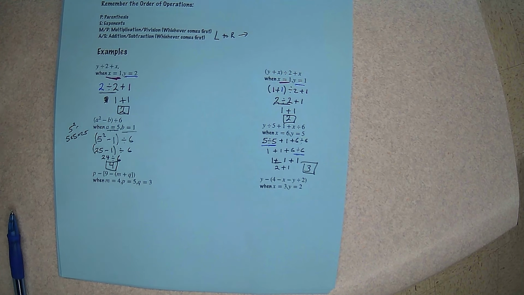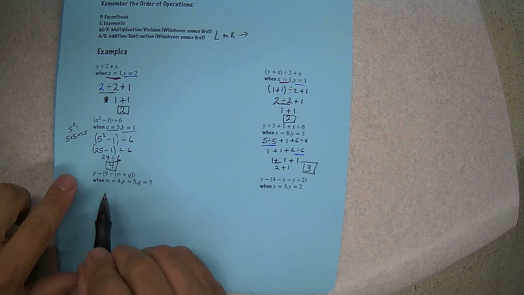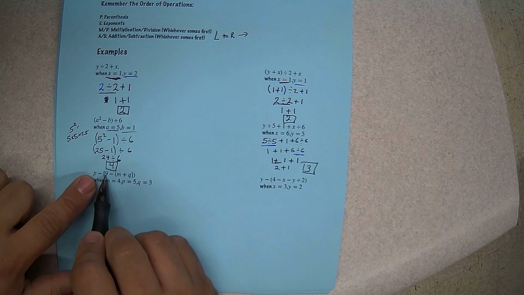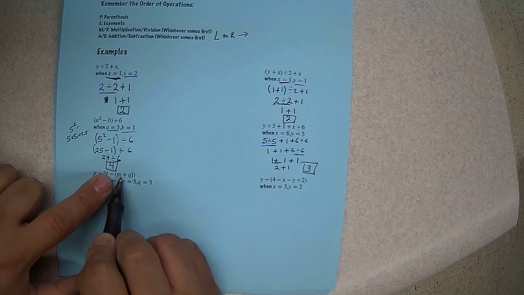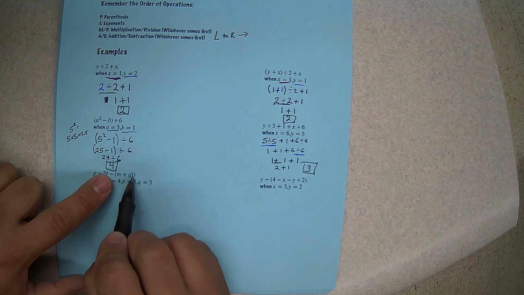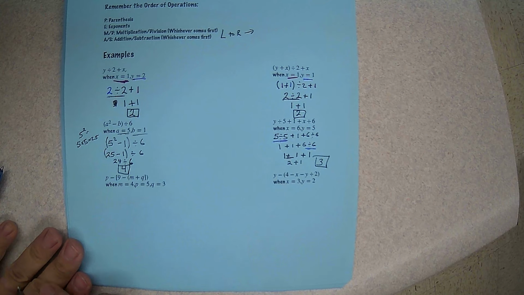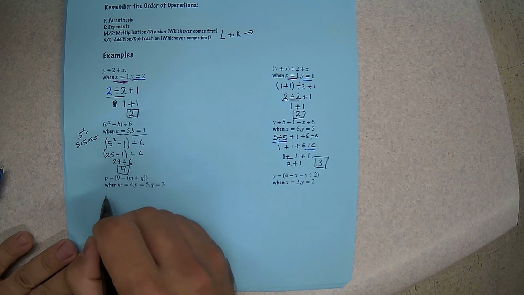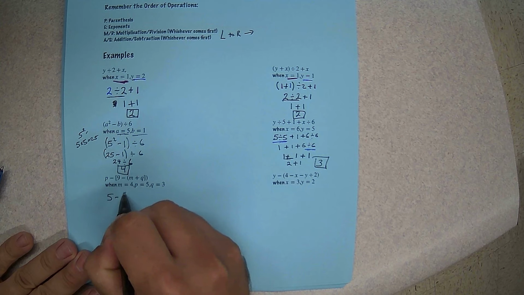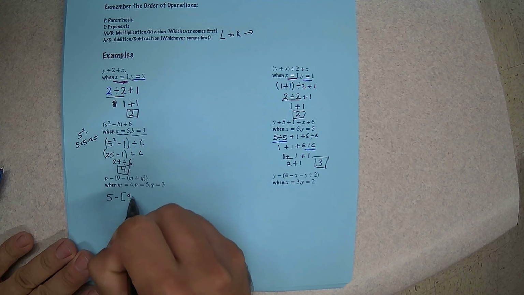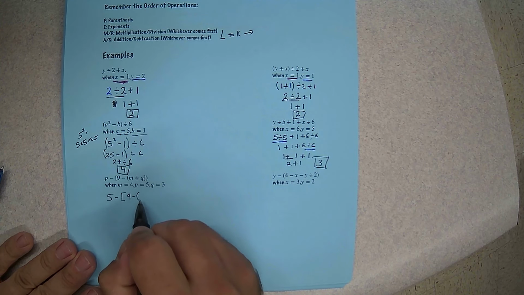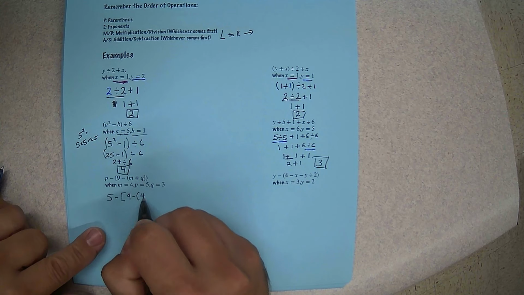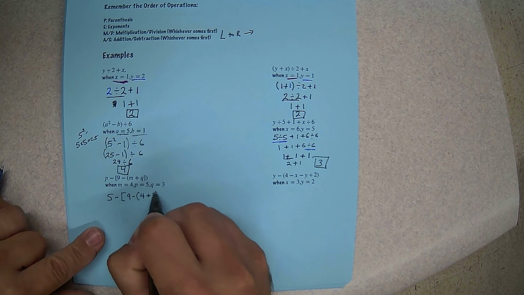Two more. Replace and then just order of operations. p minus, in brackets, 9 minus, in parentheses, m plus q, and all of our brackets and parentheses. Now we have 3 variables, but we know what each of them are, so we just replace them. p is 5 minus, in brackets, 9 minus, parentheses, m, which is 4, plus q, which is 3, and our parentheses and our brackets.